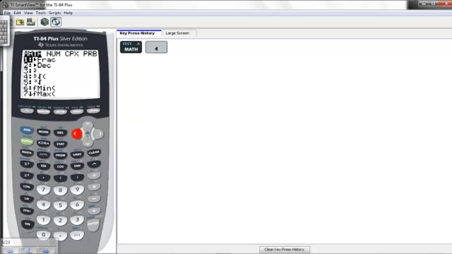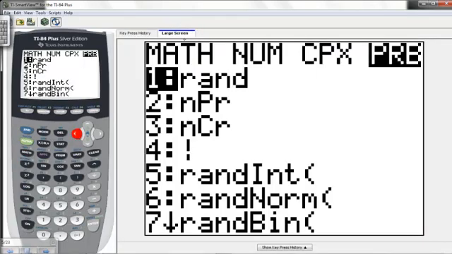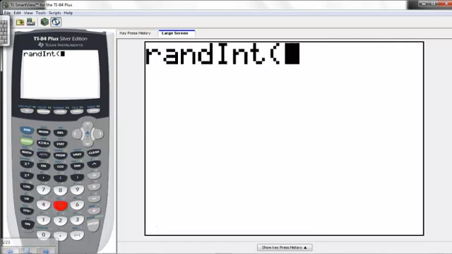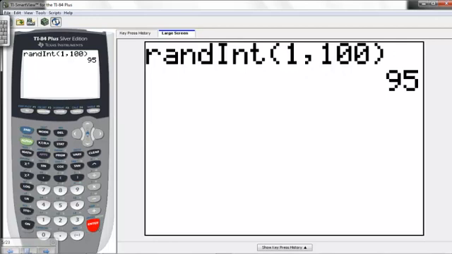So if I do something like math PRB, randint, and I get random numbers from 1 to 100, hey, I've generated a 95, and I'm going to say, for argument's sake, that if I get numbers from 1 to 80, that's a make. And from 81 to 100, that's a miss. You okay with that? So I just shot a ball.